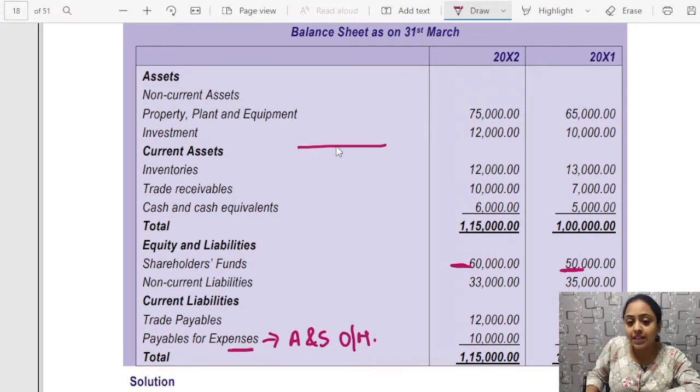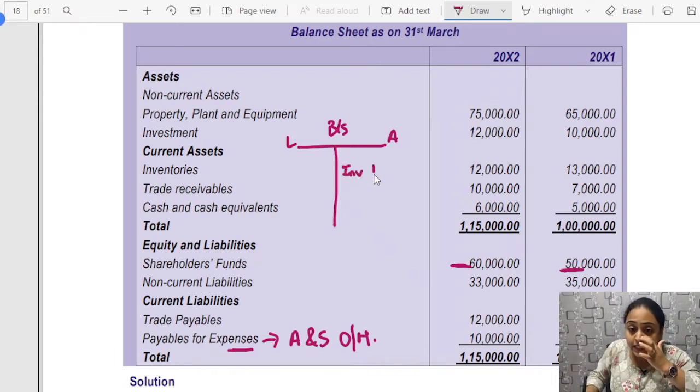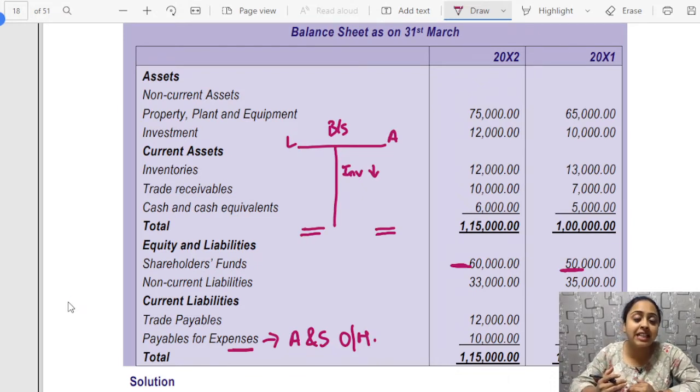If we talk about balance sheet, liability side and asset side, what you need to do? Inventories, there was previously 13,000, now it is 12,000. Inventory has been decreased. Since you need to balance out the asset and liability side, and you cannot move anything else, assume the whole balance sheet is frozen, and you can only make changes in the cash amount.